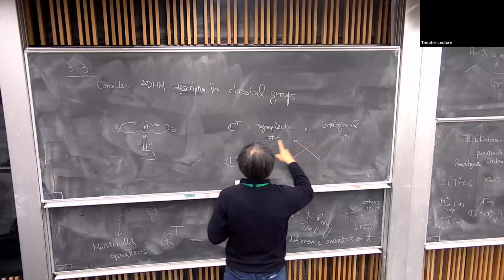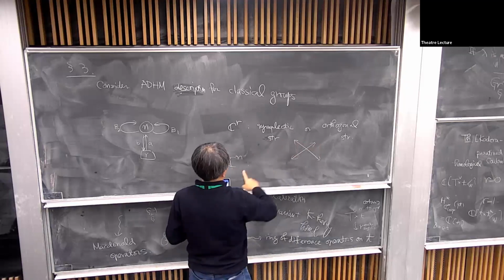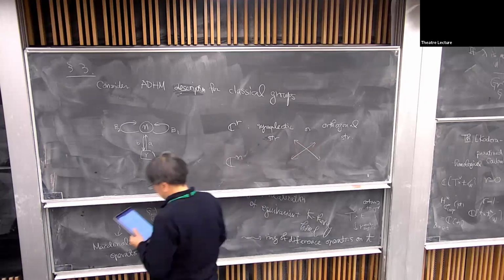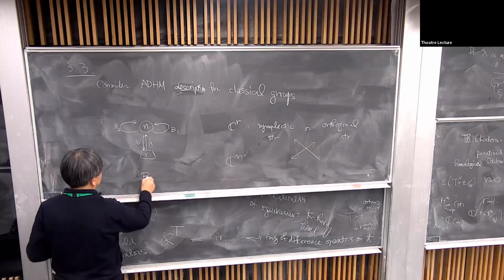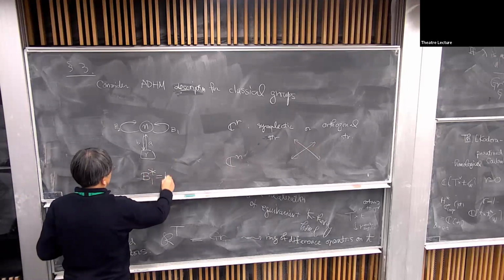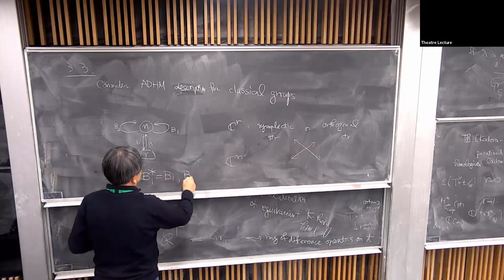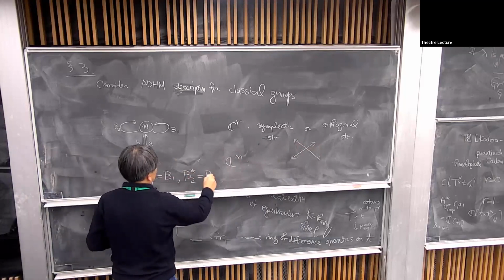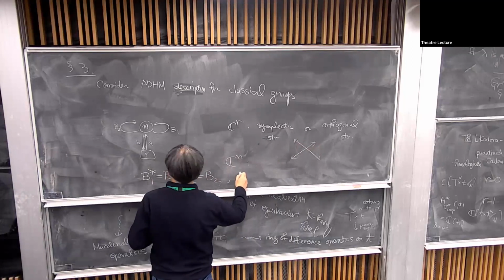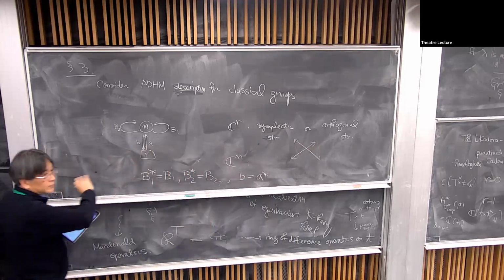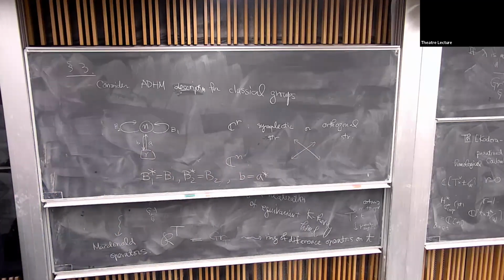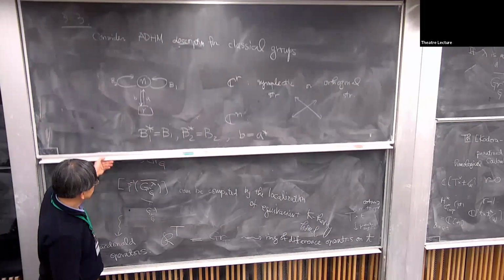So if you choose a symplectic structure, then C^n is an orthogonal vector space. We put this, and then impose the following condition: B1 star is equal to B1, and B2 star is equal to B2, and so on. We impose these conditions, then it describes the moduli space of instantons for classical groups.